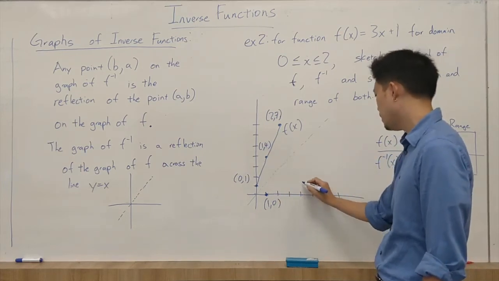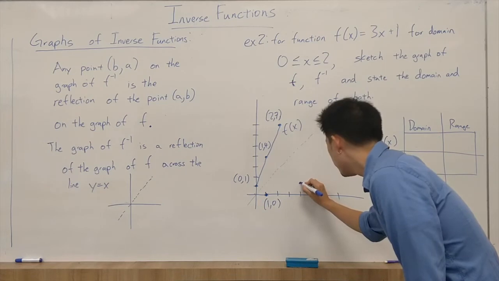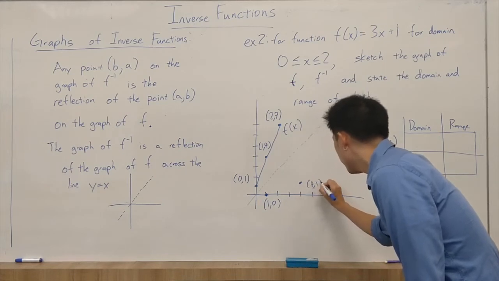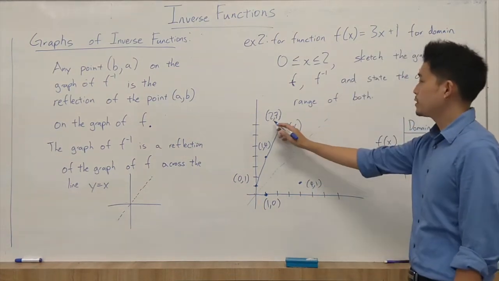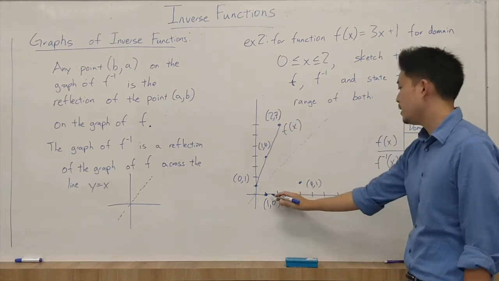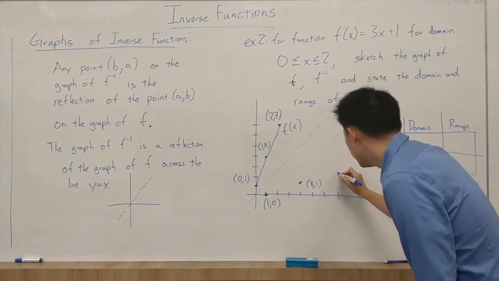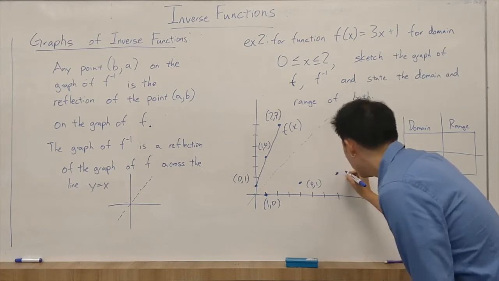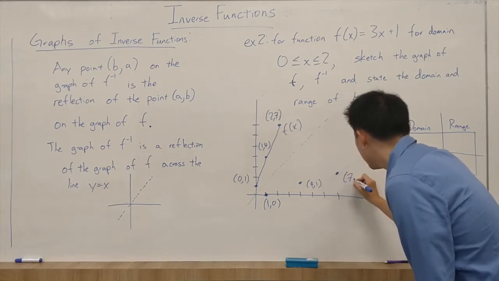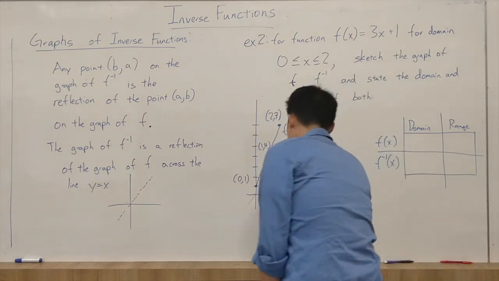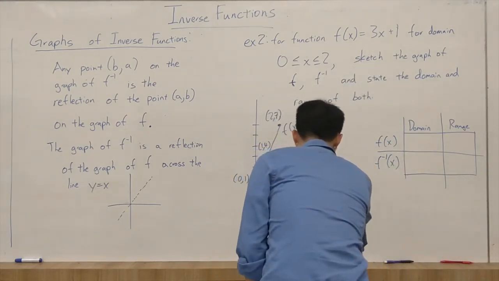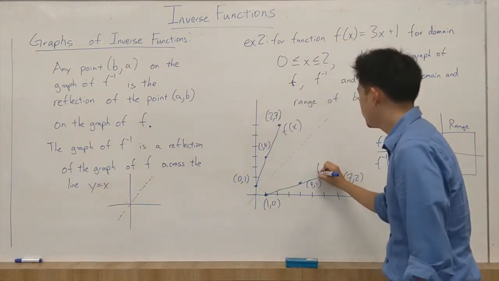Let's go to (4, 1). And for this last one, (2, 7), swap it again. Let's go to 7 and up 2. And here is my inverse function.